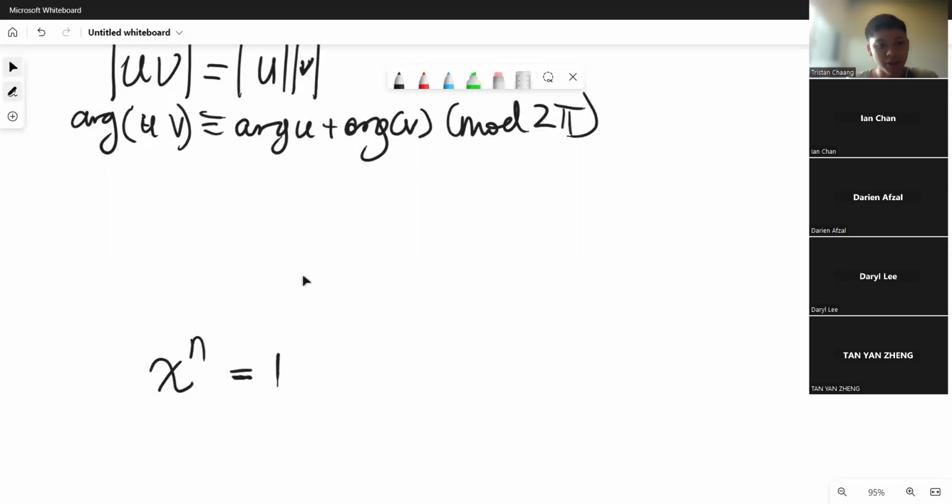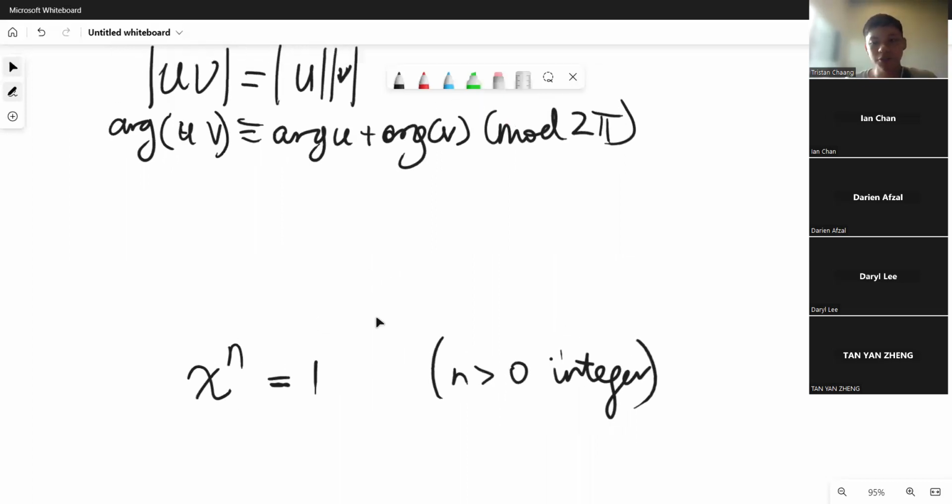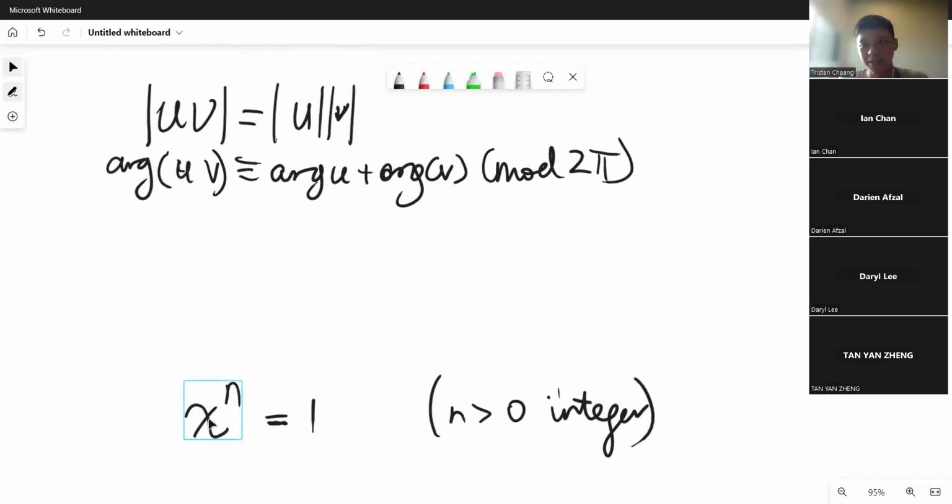So x to the n is 1. Okay, so I should also say n is a positive integer. So what's the magnitude of x if there were a solution for this?